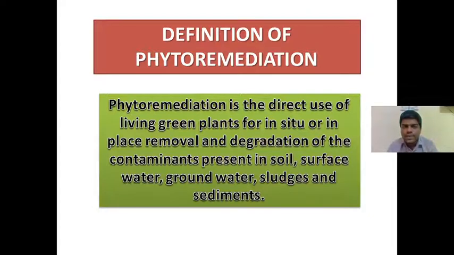Hence, it is called phytoremediation. Overall aspects are the same as that of bioremediation. So phytoremediation is useful in removal or neutralization of contaminants from polluted soil, polluted surface water, polluted groundwater, sludges and sediments.